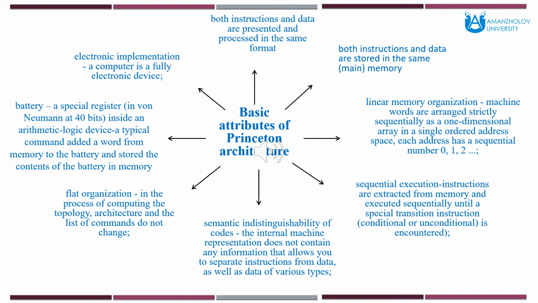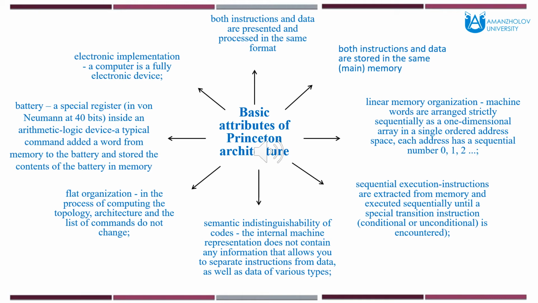Semantic indistinguishability of codes. The internal machine representation does not contain any information that allows you to separate instructions from data, as well as data of various types. Flat organization. In the process of computing, the topology, architecture, and the list of commands do not change.